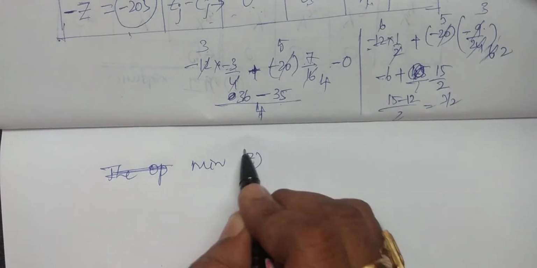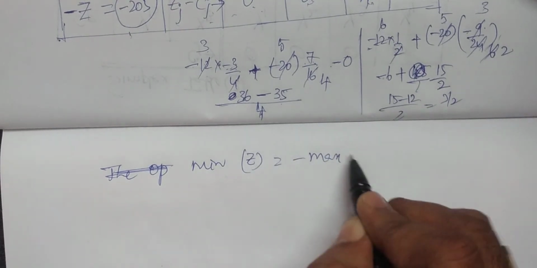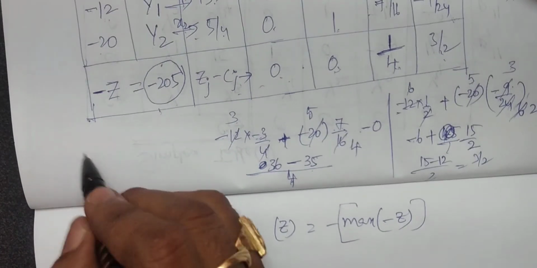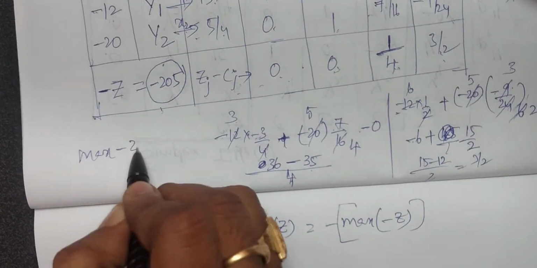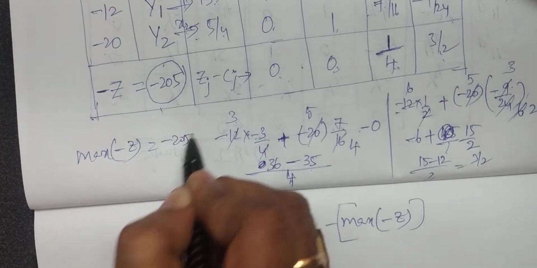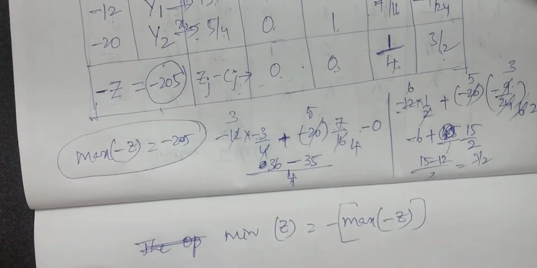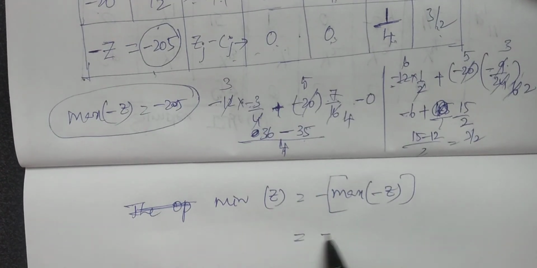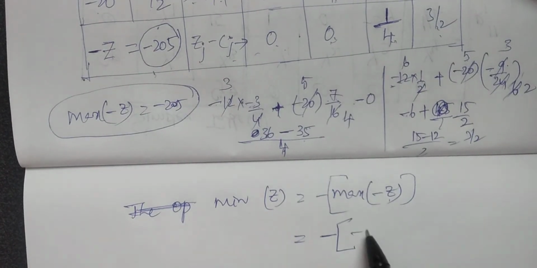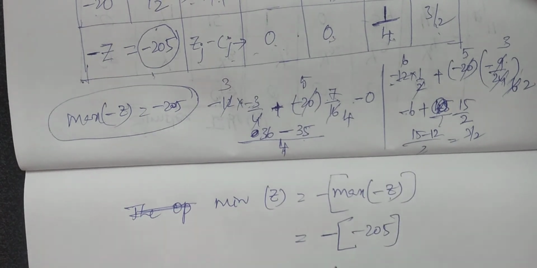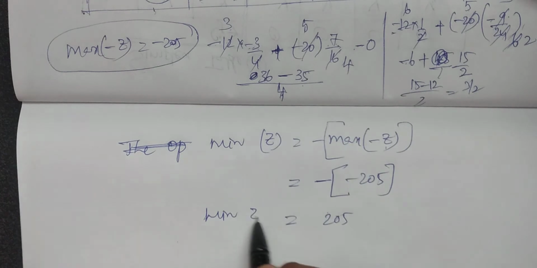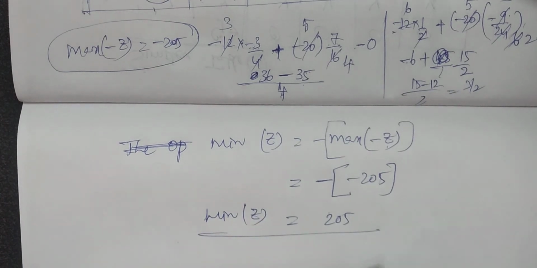Minimum value of Z is equal to minus maximum of minus Z. We obtained maximum of minus Z is equal to minus 205. Hence it is equal to plus 205. This is the minimum of Z value, 205.